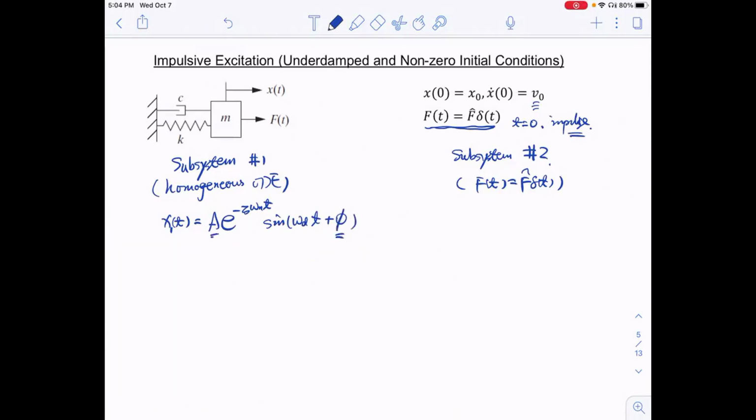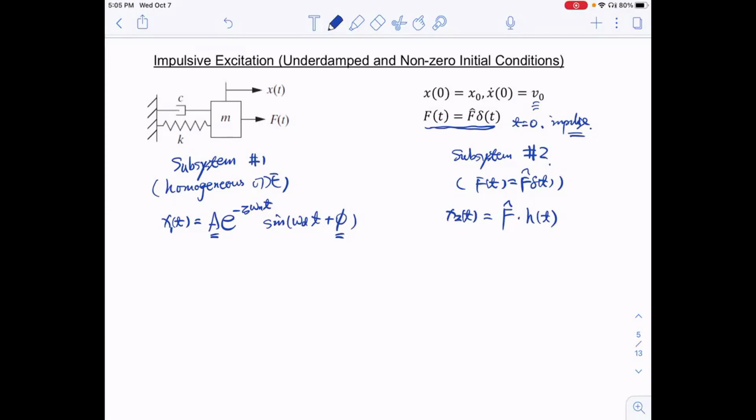Your phi and A are to be determined by your initial condition. Subsystem 2 is easy. It's just F hat times h(t) directly, no time lag, no time delay.